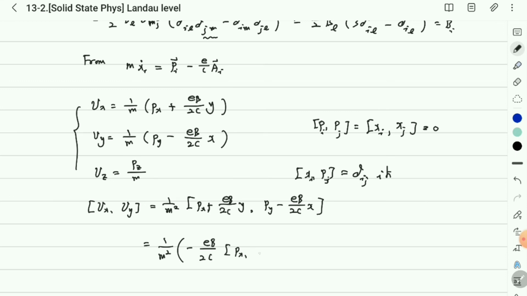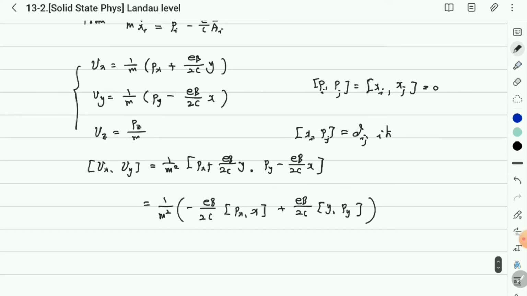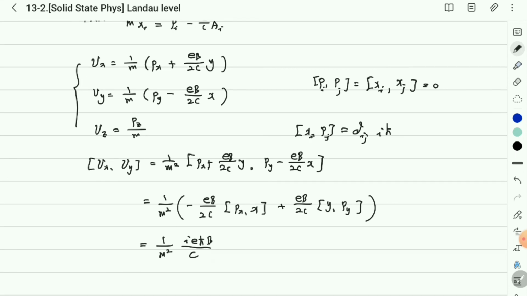By using this commutation relation, we have 1 over m squared, minus eB over 2c, the commutator of px and x, plus eB over 2c, the commutator of y and py. The first one is minus i h bar and the second one is i h bar, and therefore there is a 2 here, giving i e h bar B over m squared c.